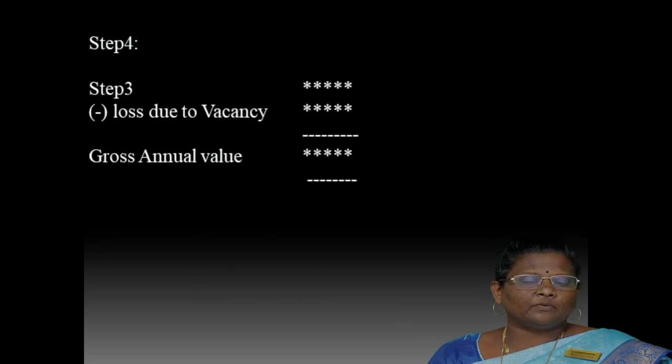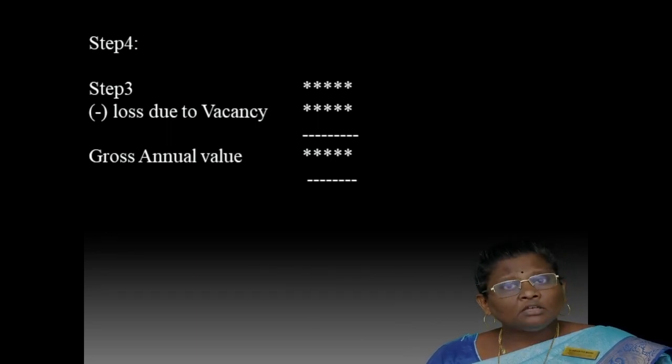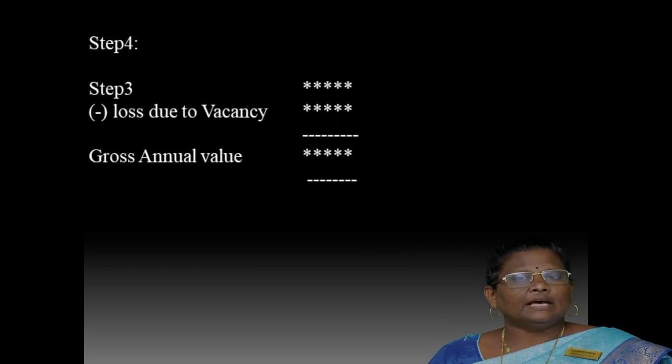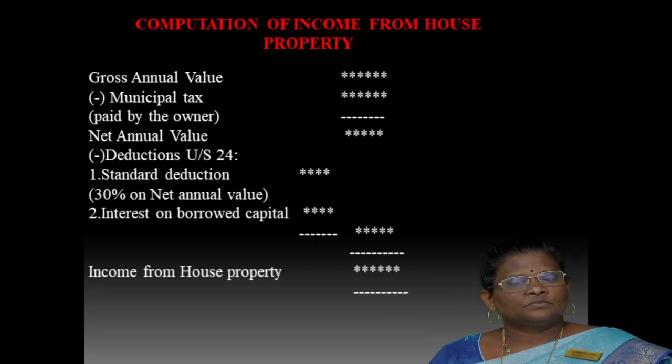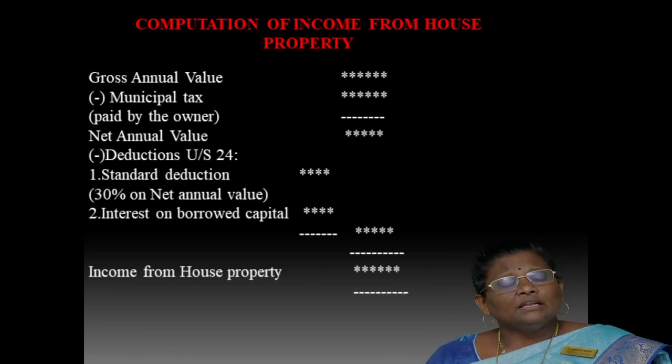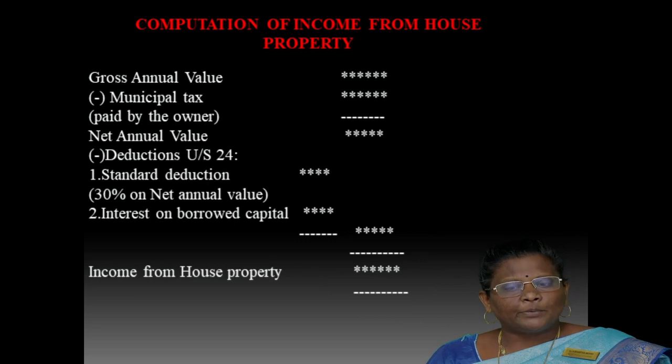In step number 4, step 3 minus loss due to vacancy, the remaining amount we got is the gross annual value. Next, we will discuss how to compute income from house property.